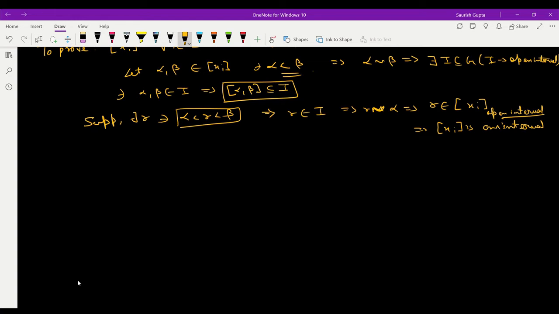Now, how to check whether this set of equivalence classes is a countable family? Since we are talking about R, the set of reals, we can say that each of these equivalence classes contains at least one rational number.